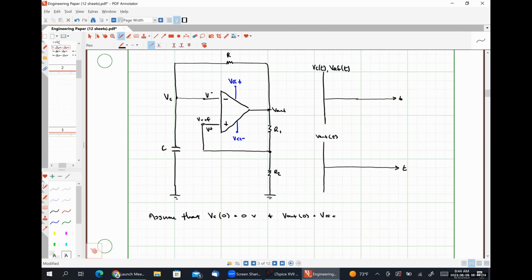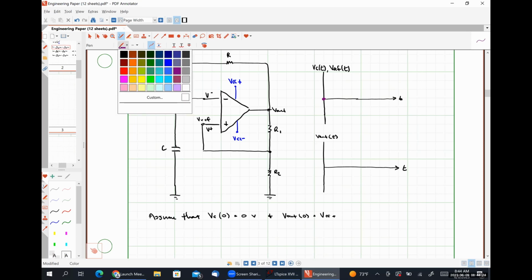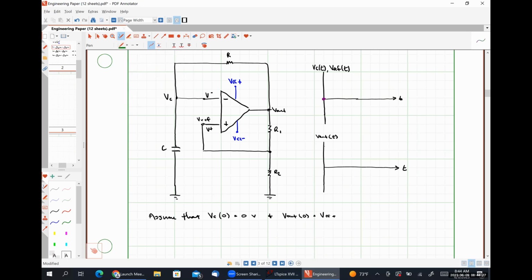So that means that Vc, which I'm going to do in purple, is going to have a starting point here. And V out, which I will do in green, will have a starting point, let's say here. And just for the sake of argument, I'm going to label this point as VCC plus, and I'm going to label this point as VCC minus. Okay, so these are our initial conditions for our system.